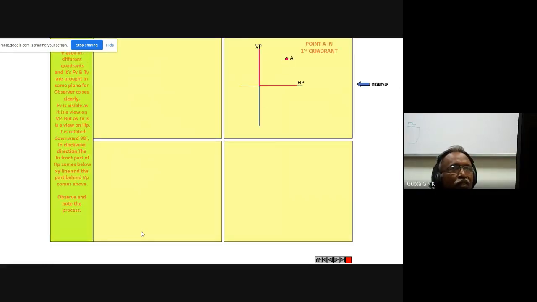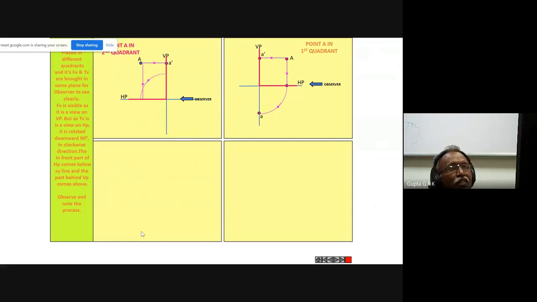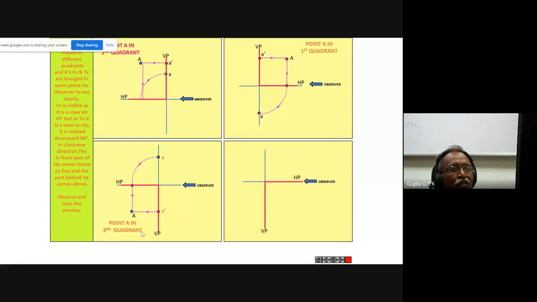If a point is in the first quadrant, A dash comes there and small a comes below after rotation. In the second quadrant, A dash comes above and A comes this side, turned above, so both come above. In the third quadrant, the front view comes below and the top view is turned up. In the fourth quadrant, the front view is below and the top view is turned down, so both come below.